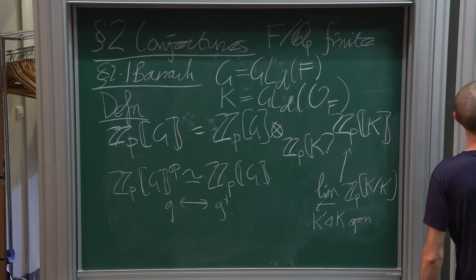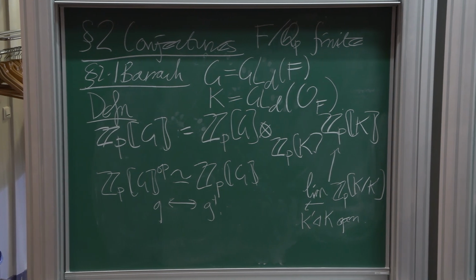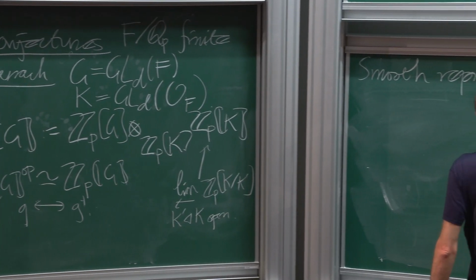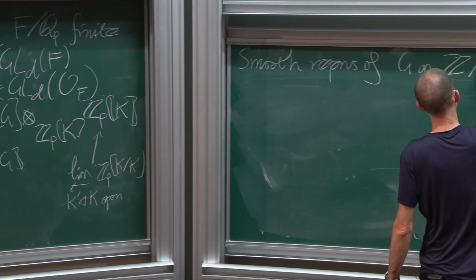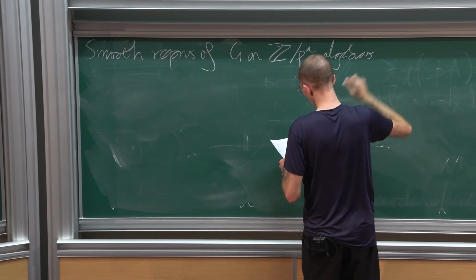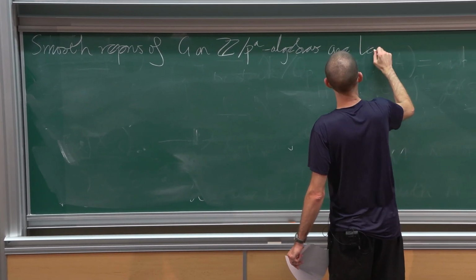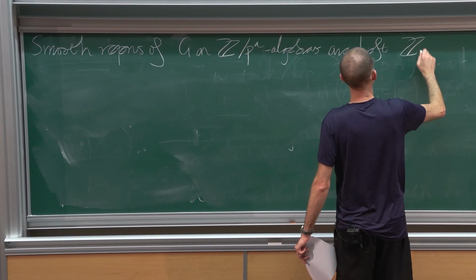So, as I was just saying verbally, smooth representations of the group G on Z/p^n-algebras are naturally left modules over this completed group ring.